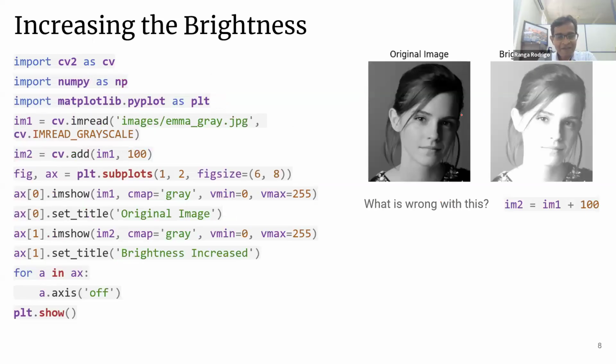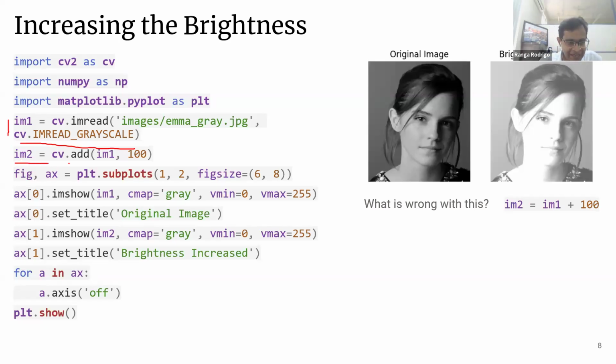Then we did this exercise of increasing the brightness of an image. To increase the brightness of an image, I opened the image of beautiful Emma Watson, and I opened that image as a grayscale image. So when you open images using OpenCV, there are parameters that you can give. cv.imread with grayscale will open the image in grayscale.